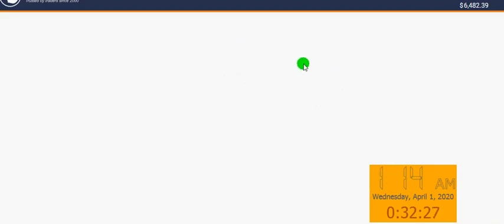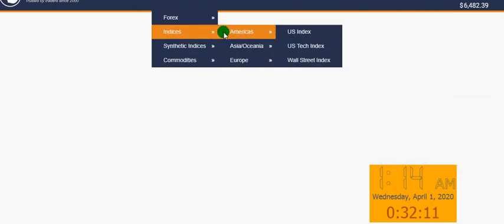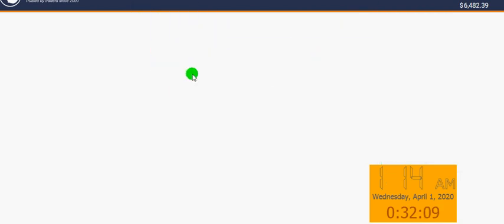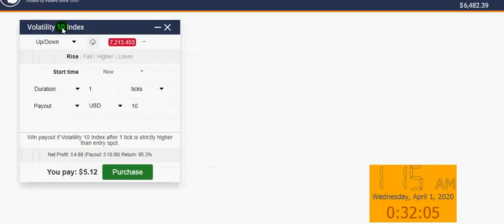We'll be trading the Volatility 10 touch in this strategy. So this is what we have right here. Let me change this to 1. We'll go for the first trade. So we are starting with 6482.39. So let me open the trade. The 10 index. I'm going to push it right here.